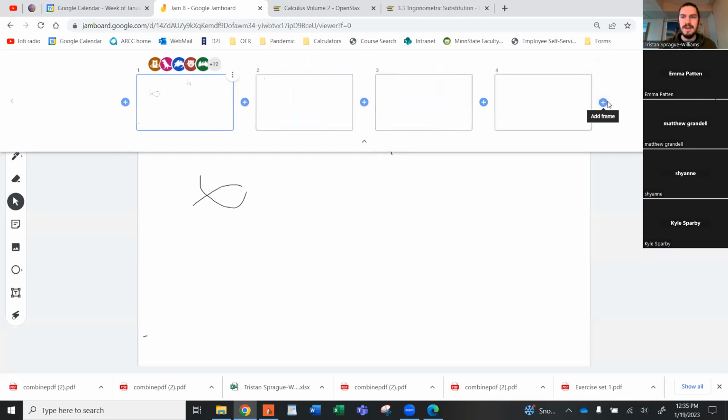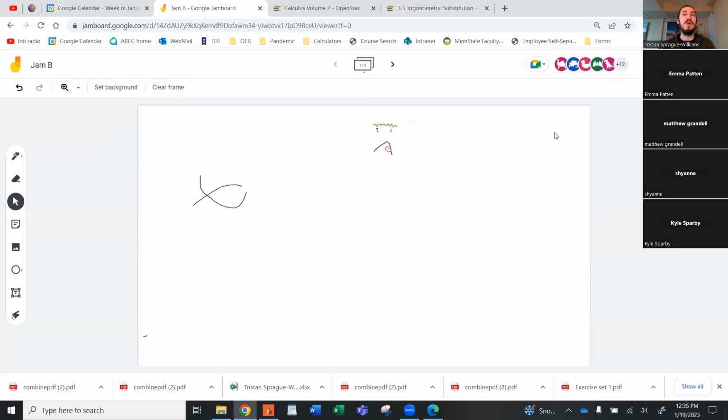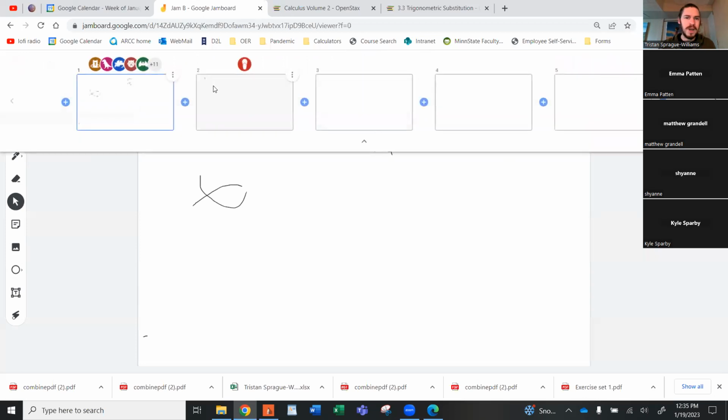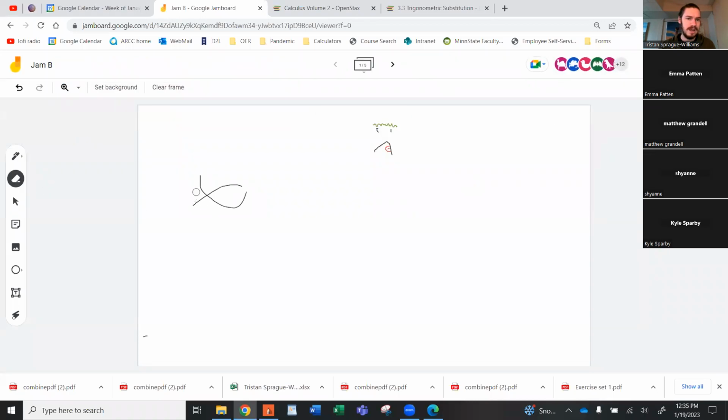Let's have 5 pages, and you can form 5 groups. Within each group, you'll be working on it. If you get stuck and want to peek at the other teams, feel free to do that. I think it's fine. And so I will give you a problem to work on.